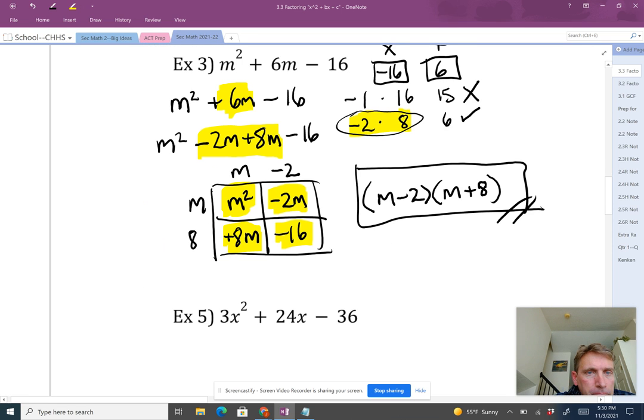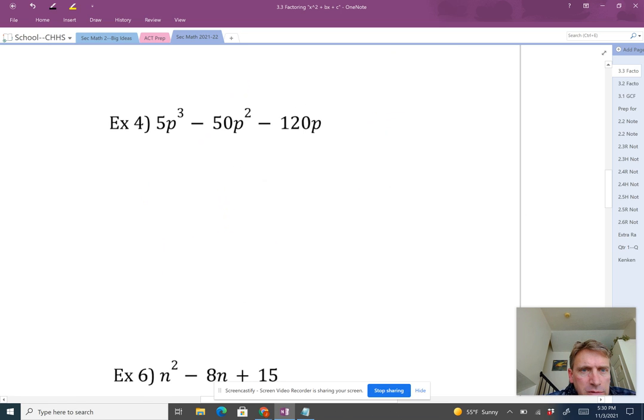Let's go to 4. For number 4, again, first I want to check for a common factor, the greatest common factor. I notice right off the bat that each of those 3 terms are multiples of 5, and also that they have a p. And so I'm going to take out 5p, and that leaves me with p squared times the first, 5p times p squared is 5p cubed, minus 5p times a negative 10p would be negative 50p squared.